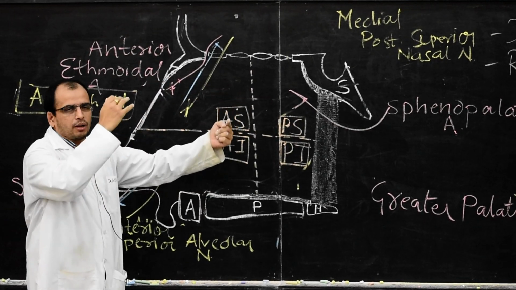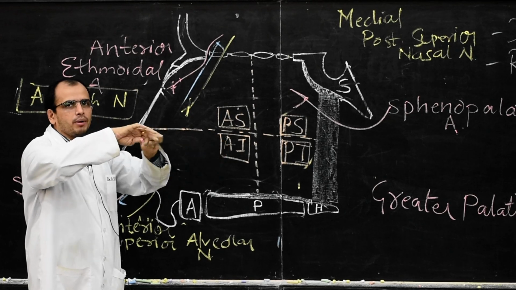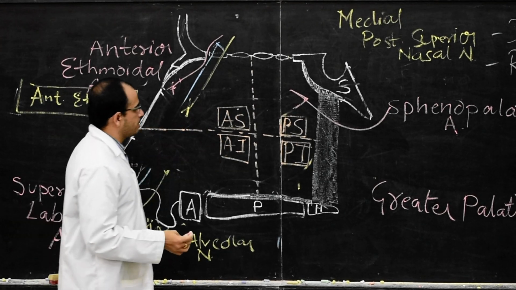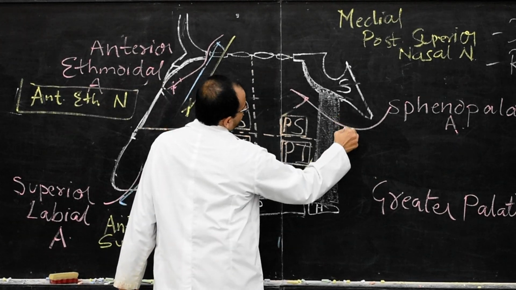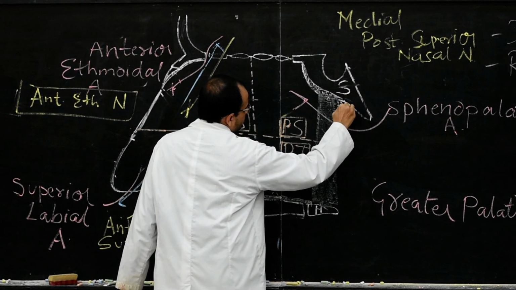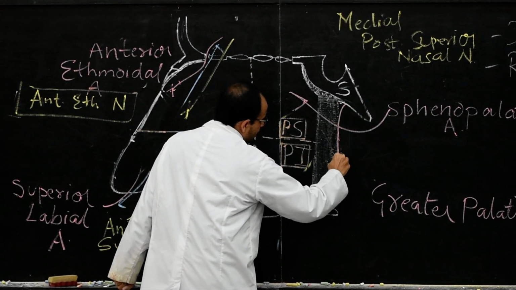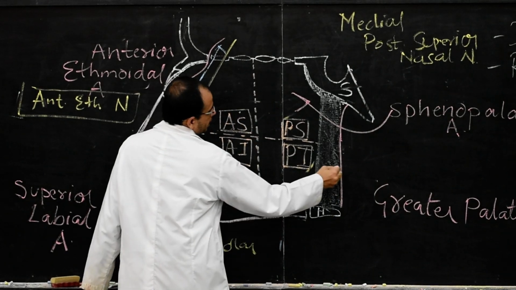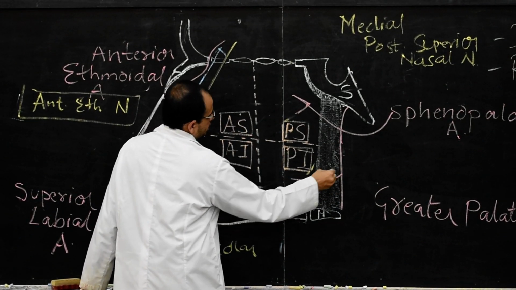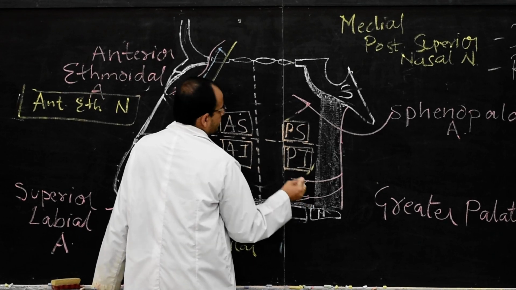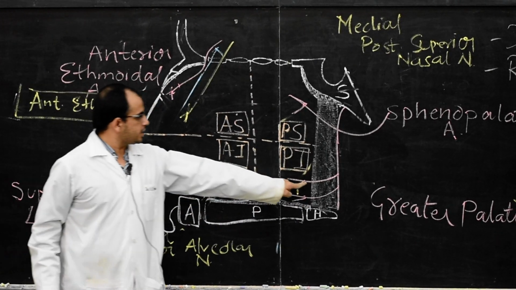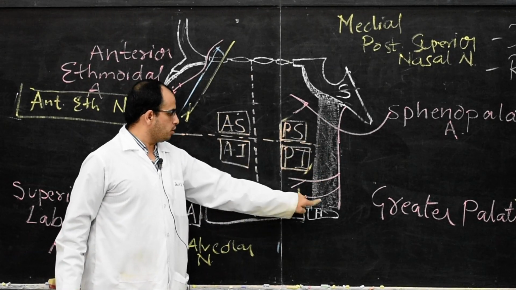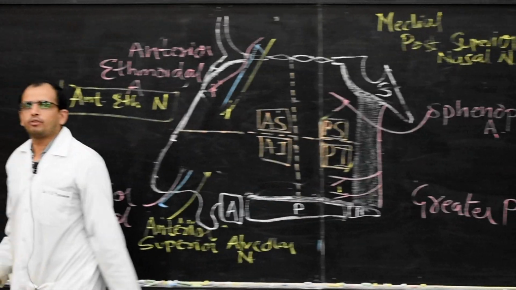The artery will come out from the sphenopalatine foramen and then supply the lateral wall by its branches. And there is one branch from the maxillary artery running along the posterior aspect of the perpendicular plate, and from there we get the branches from the greater palatine artery perpendicularly piercing the plate of the palatine bone and supplying the posterior inferior quadrant.